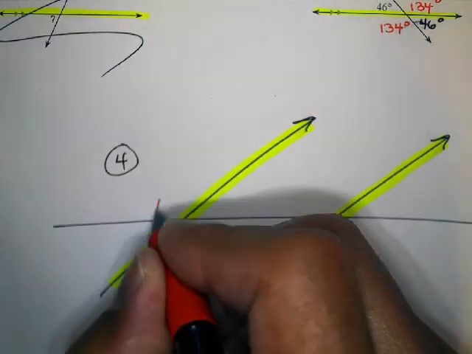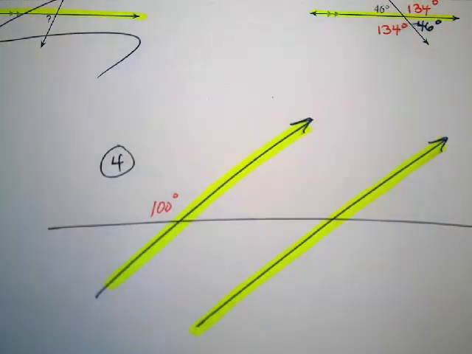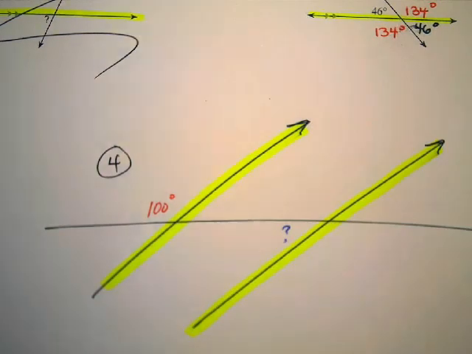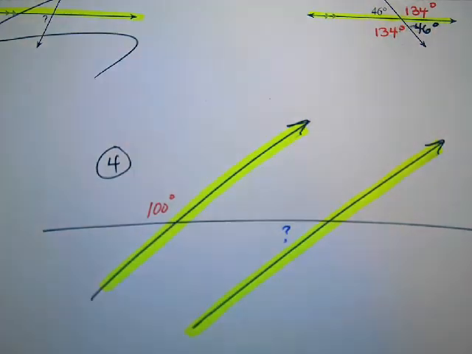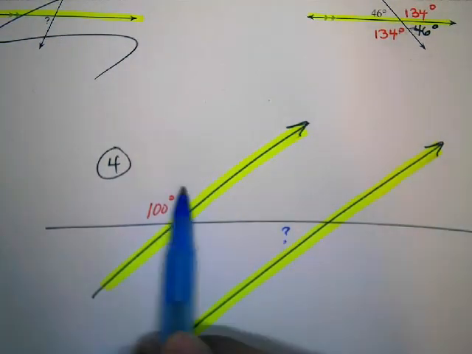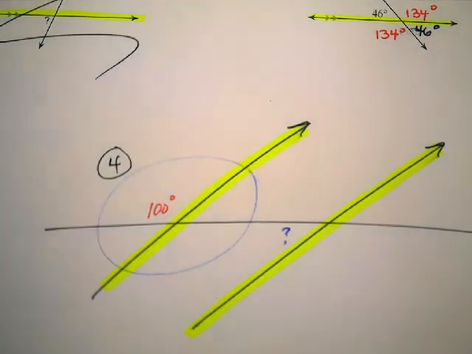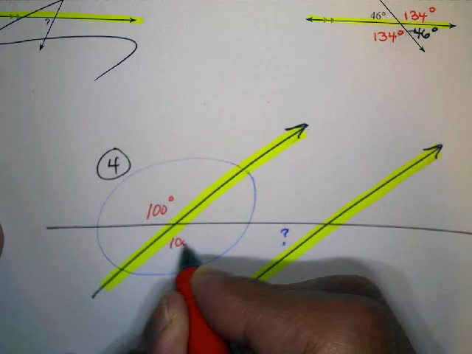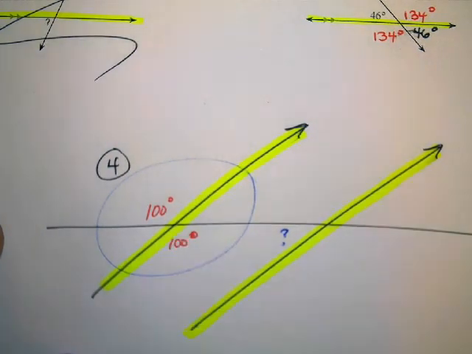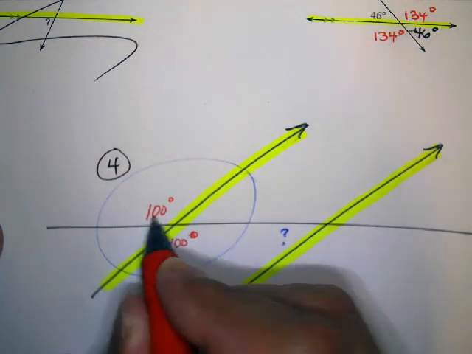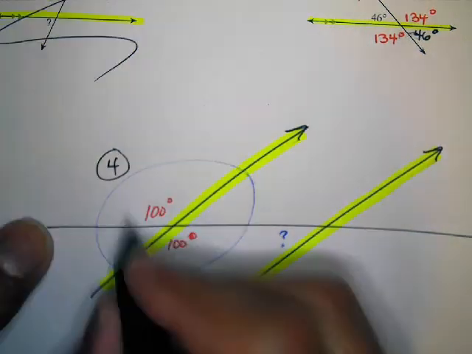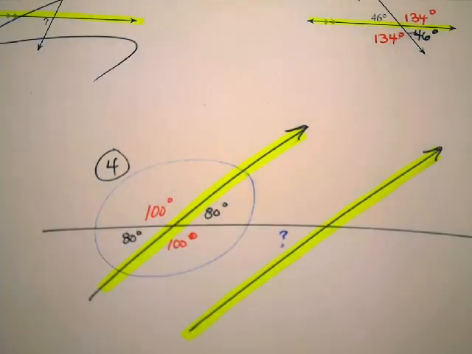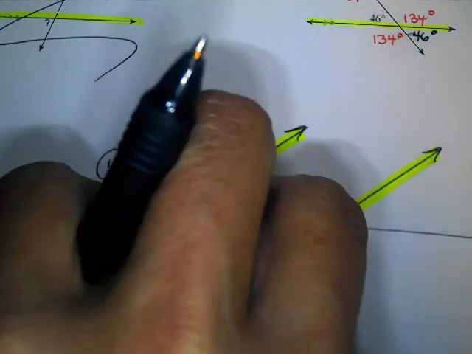So if they give me something like this one's 100 degrees, and they want to know what this one is. Well, again, I'm not going to worry about this. I'm going to start here and find all those four. And this one's easy, right? 100, 100. Those are vertical. And those are supplementary. They add up to 180, so that has to be what? 80 and 80.